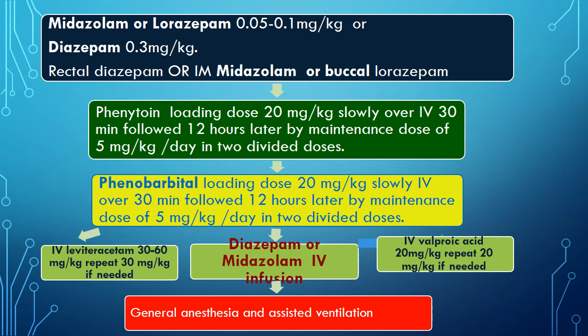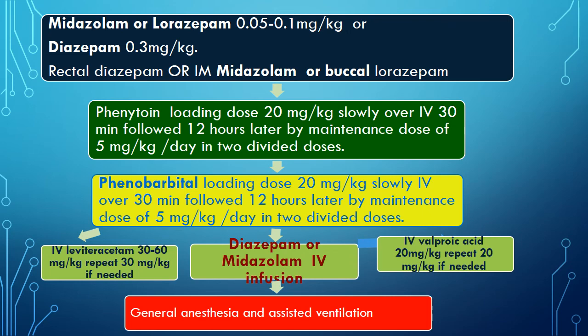If the seizure continues after the first dose of benzodiazepine, a second dose can be given, but no more than 2 doses of benzodiazepine are allowed.